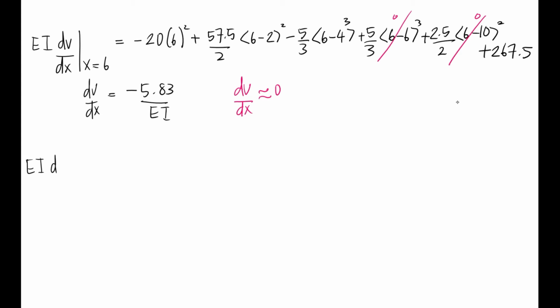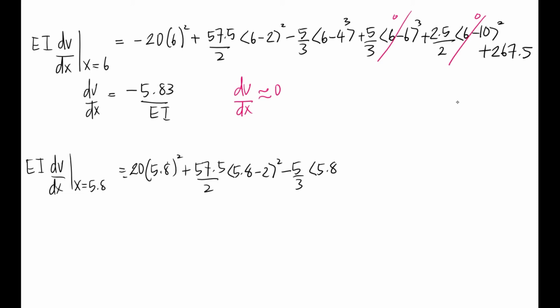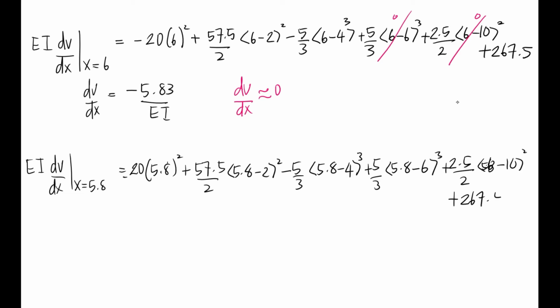I start with x equal to 5.8. Okay, I substitute 5.8 into equation number 4. 5.8 minus 4, 5.8 minus 6 plus 2.5 times 5.8 minus 10 power of 2 plus 267.5. So this will give 0.